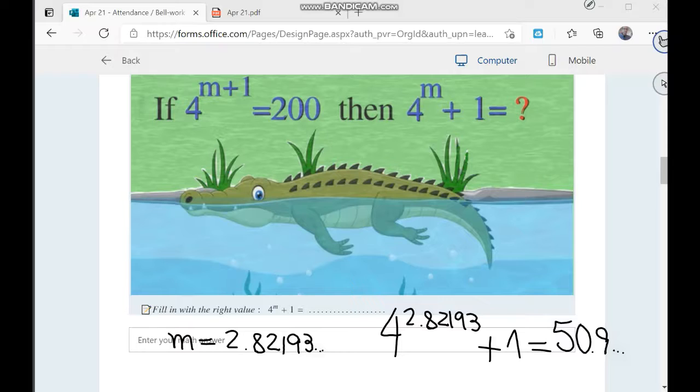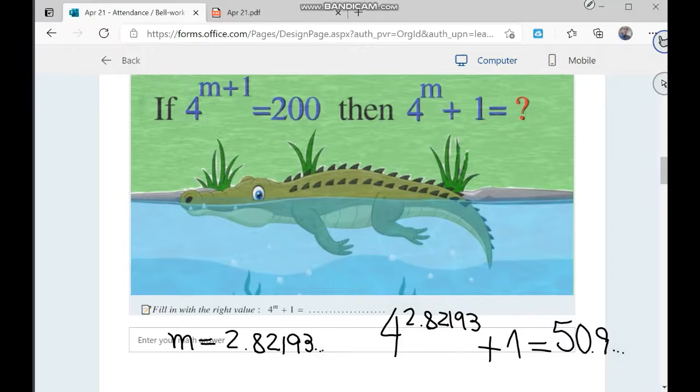That means the answer is a bit greater than 50.9. It's a bit more than 50.9. Okay? So the right answer, the exact answer, is greater than 50.9. So you can find a good guess if you can calculate an approximation.